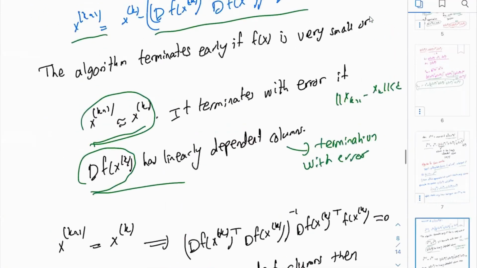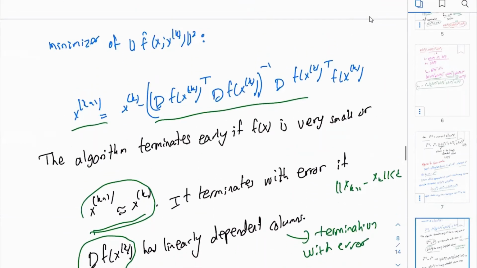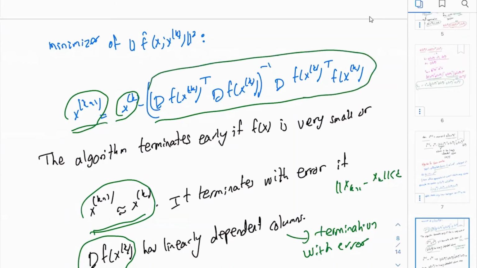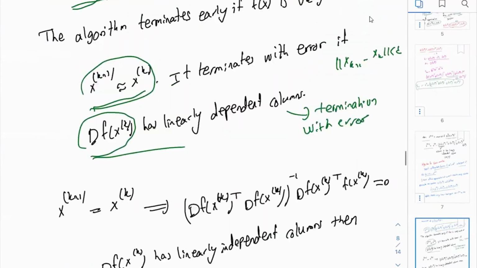Okay. Now, another termination condition, to understand this better in terms of the optimality condition, is this. Theoretically, when I converge, I want the solution xk plus 1 to be exactly similar to xk, so that the solution doesn't change. In a sense, the solution is repeating itself. In order for xk plus 1 to be equal to xk, I want this quantity to be 0.